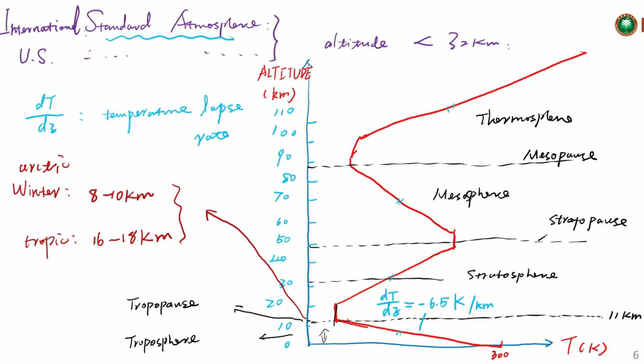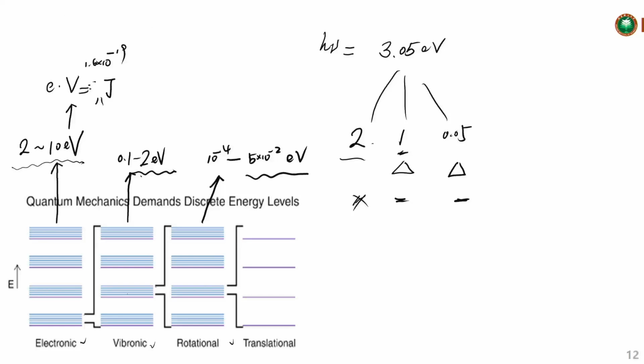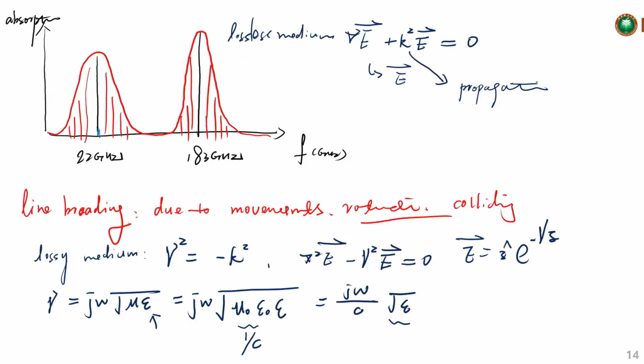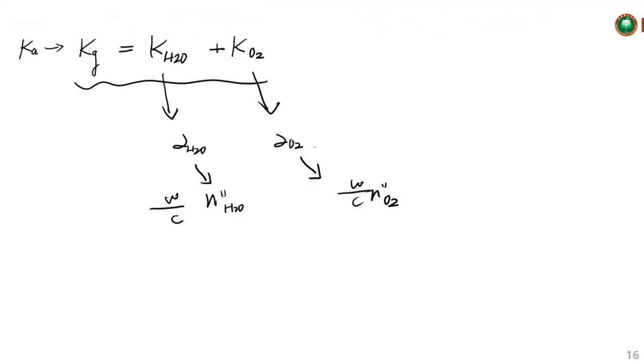We can see the line becomes broadened here, here, and here. The broadening means there are several other absorption lines besides the designated absorption line.